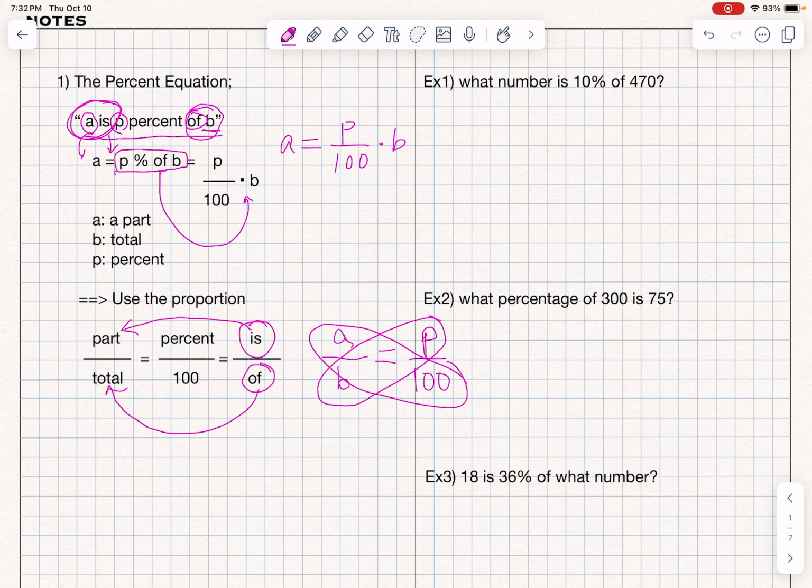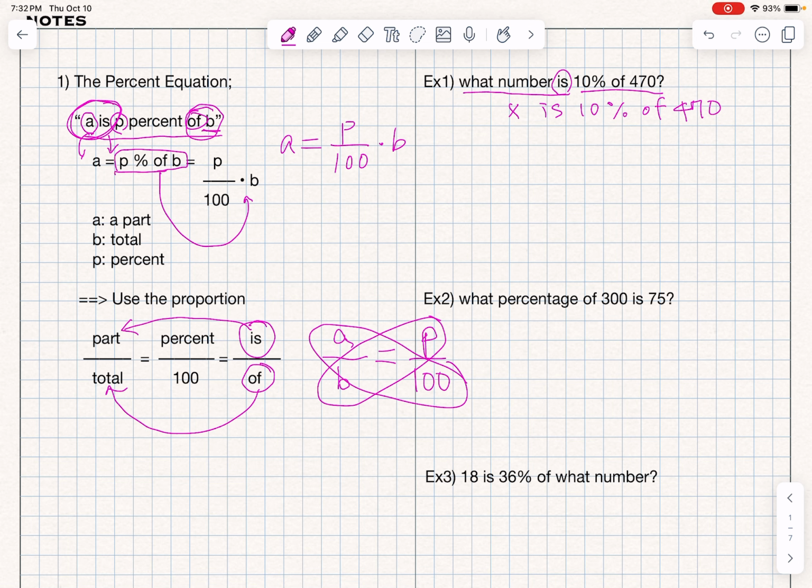So example 1. What number is 10% of 470? What number? We don't know. So I will say this one as a unknown value x. X is 10% of 470. We can just set up as an equation form. So this one turns out to be percent equation.